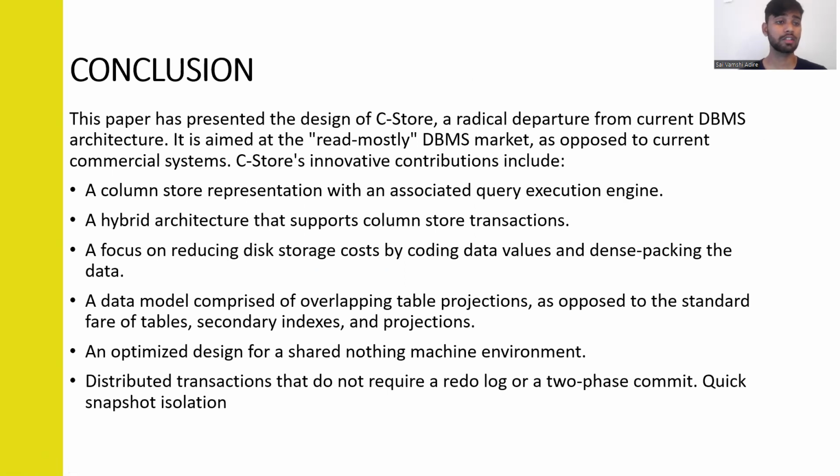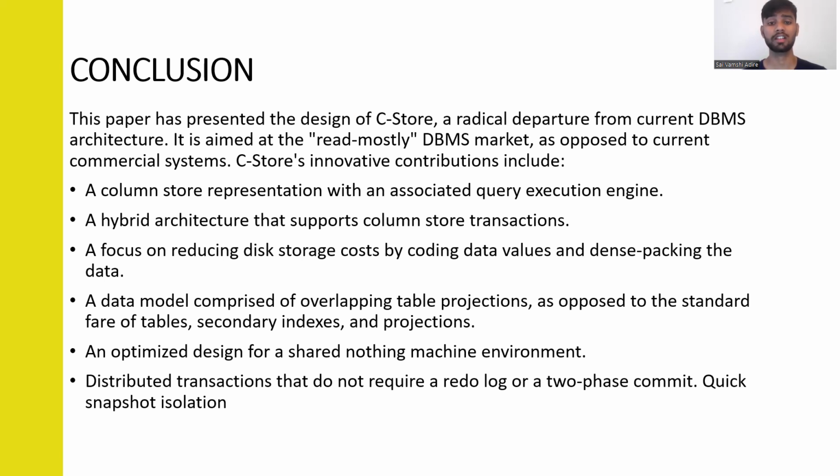And coming to the conclusion, the paper has presented the design for C-Store, a radical departure from current DBMS architecture. It is aimed at the read-mostly DBMS market as opposed to current commercial systems. C-Store's innovative contributions include a column store representation with an associated query execution engine, which I showed just now, and a hybrid architecture that supports column store transactions.